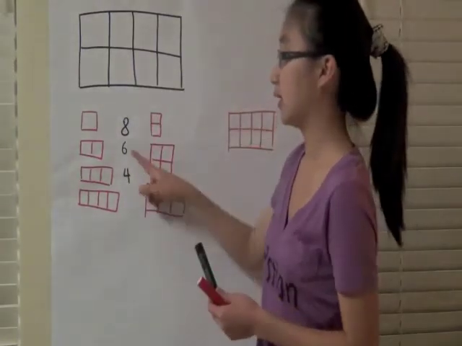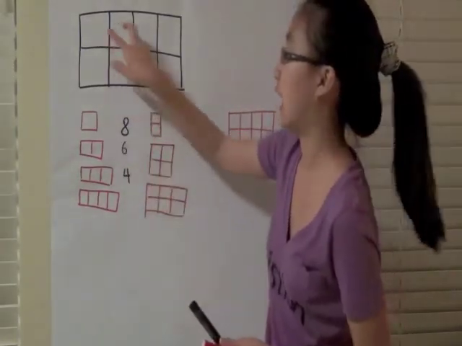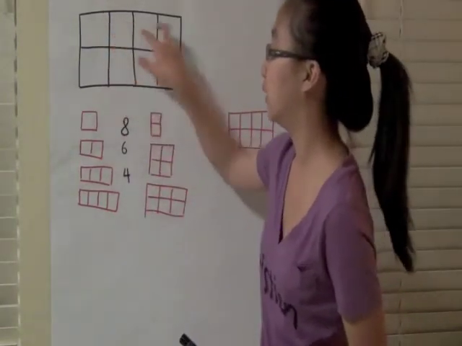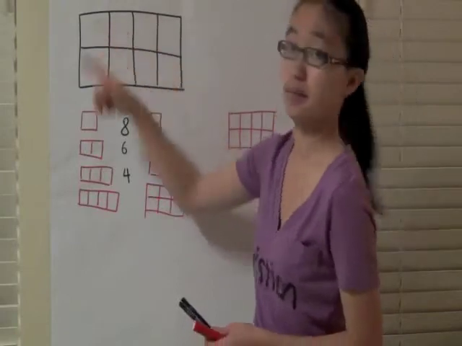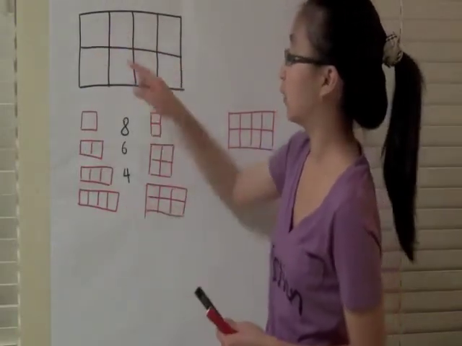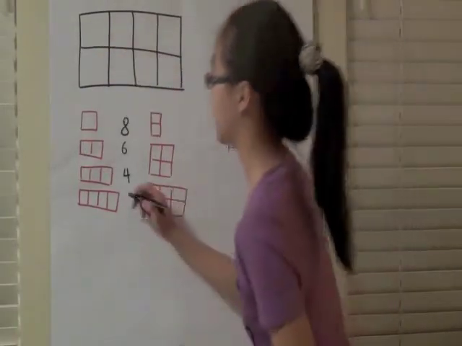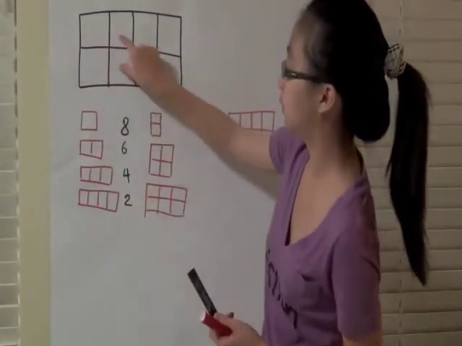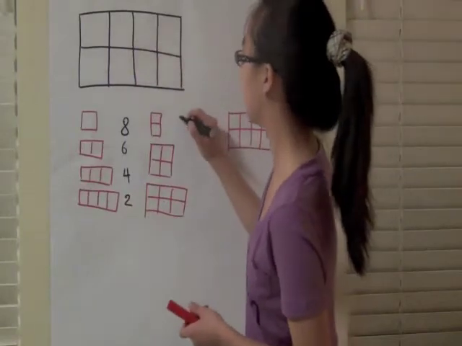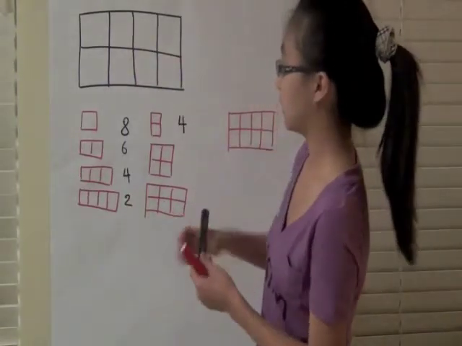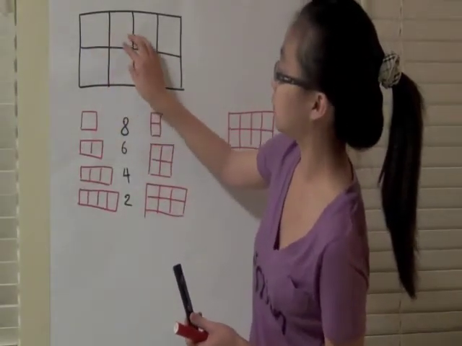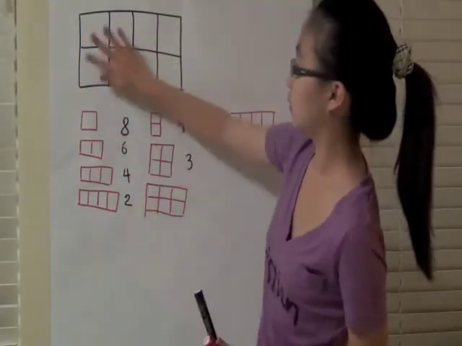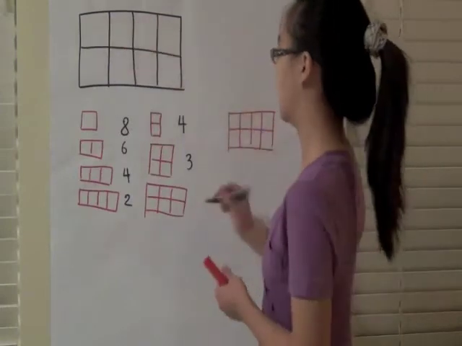Some of these can get a little bit confusing because they're all overlapping, but make sure you don't leave any out, because if you just count 1, 2, then you're forgetting about this one. Finally 4, 1, 2. This one's a little bit more simple. One's like this, 1, 2, 3, 4. Square, 1, 2, 3. 2x3s, 1, 2.